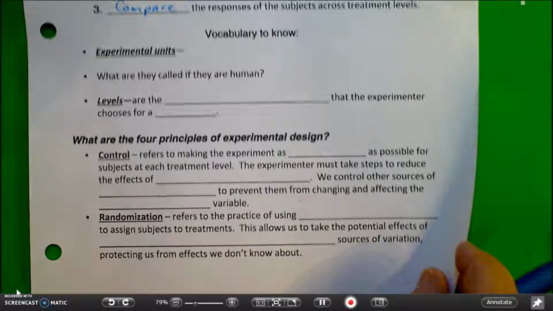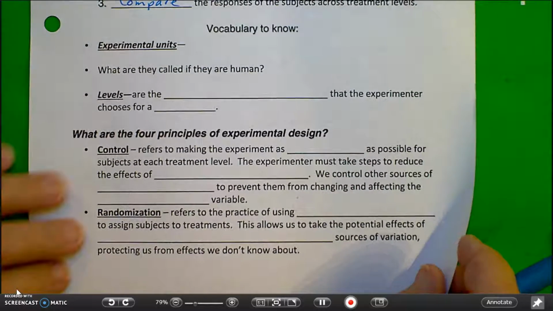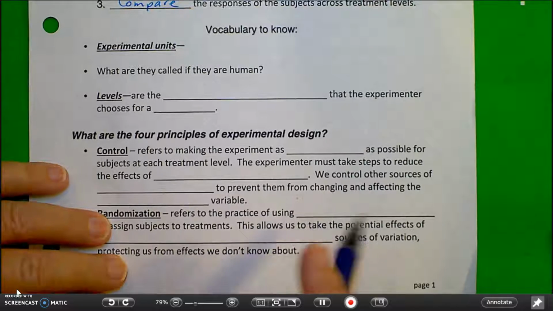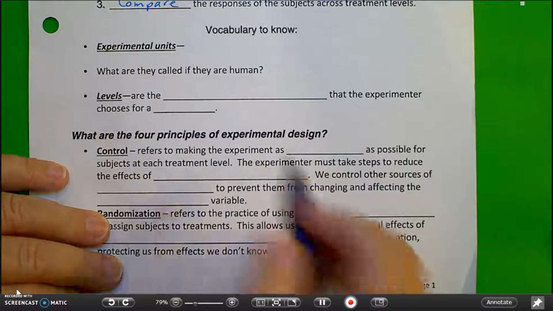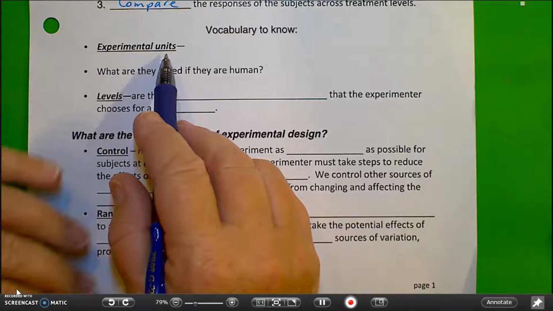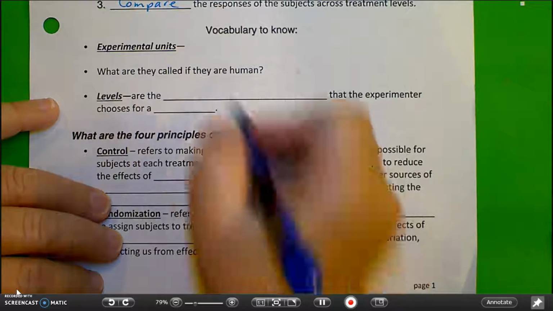There's a lot of vocabulary in this chapter, again kind of like last chapter. We'll go through the next couple of pages of that. We've already used some of this language, but first is experimental units. Basically, these are the things or the individuals that we're going to apply the treatment to.